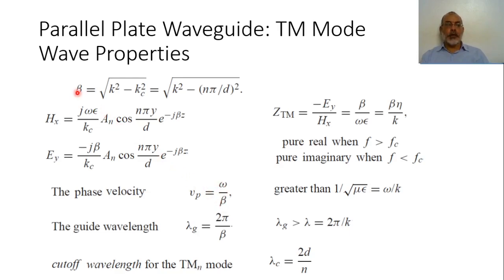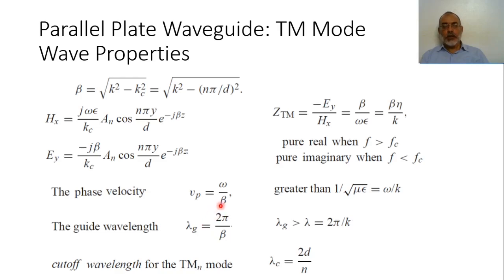And because beta is k minus something, beta is less than k. So the phase velocity omega over beta is greater than omega over k.